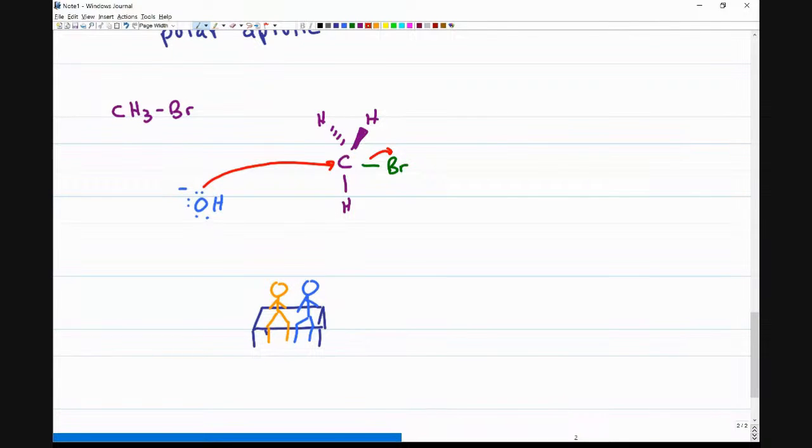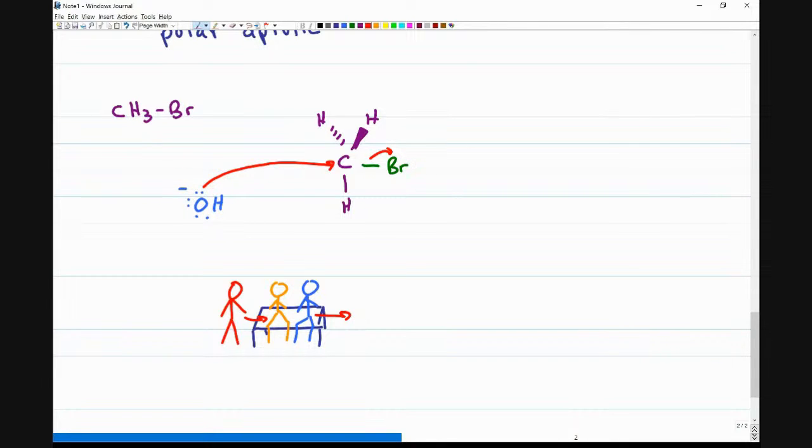But what I was going to try to show you is, imagine I have a toddler. And this kid has no regard for anyone's personal space or safety. He will just catapult right onto wherever you are and get here with so much force that the blue person just gets pushed off. So imagine everyone just getting catapulted off the bench. Let me know if this example makes any sense in terms of understanding how the OH minus just gets in there, attacks the carbon, and that bromine gets kicked out.